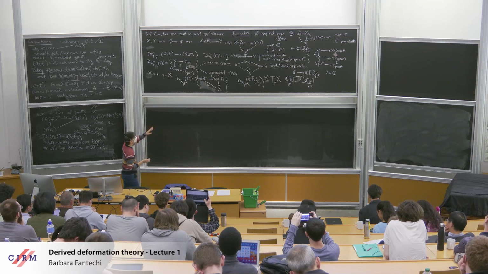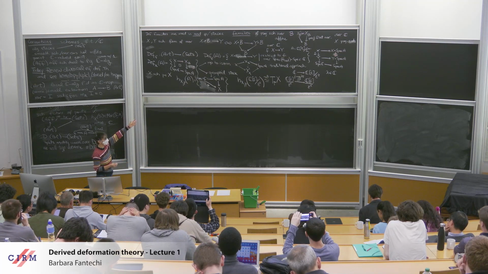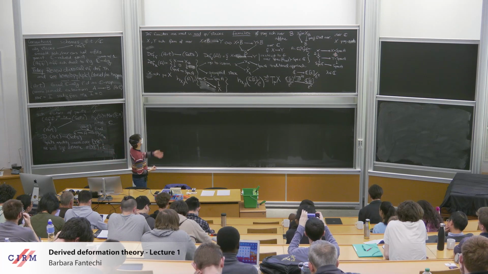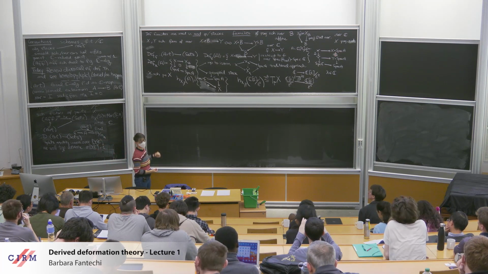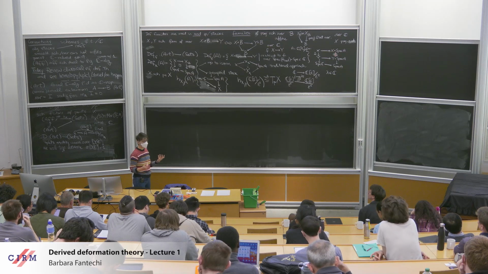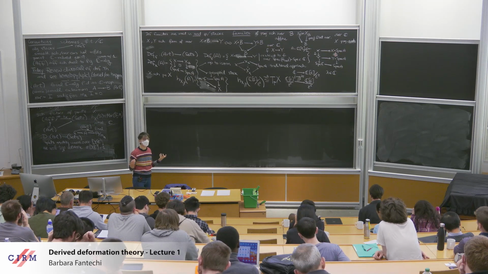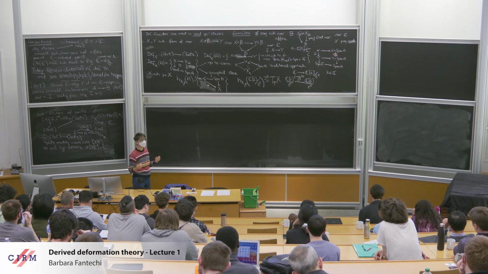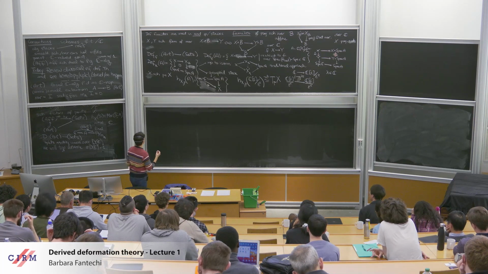So this means that under some mild assumptions, we can always define tangent spaces to all these deformation problems. And in fact, they can be computed explicitly, and this is a very classical result in a number of cases.